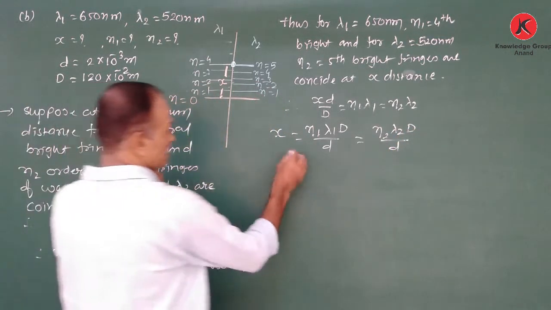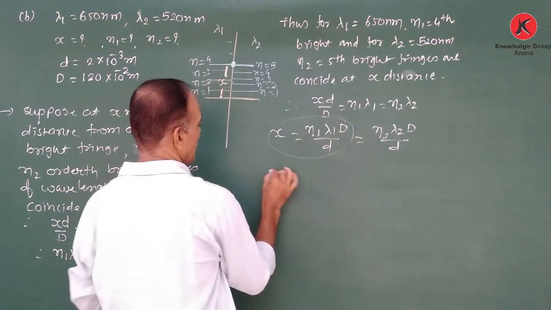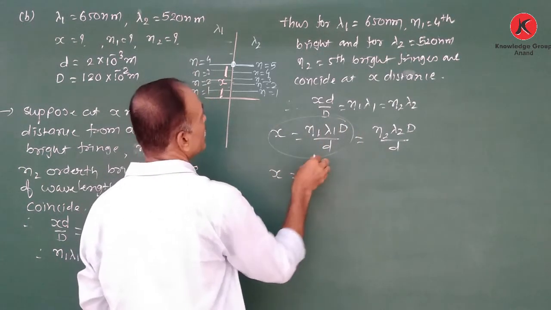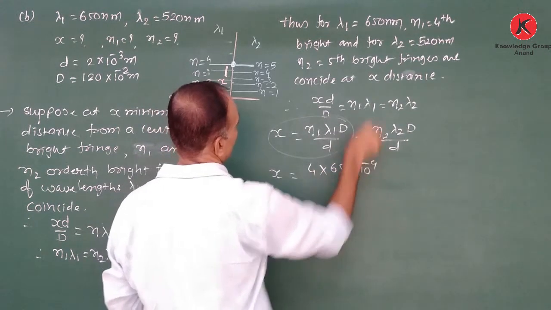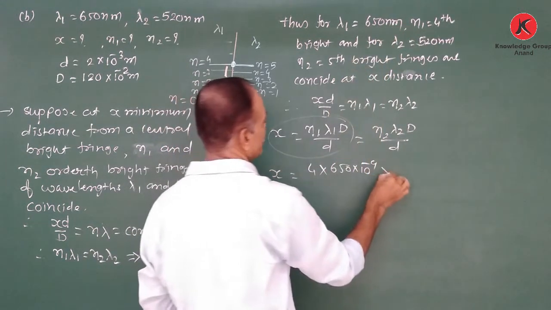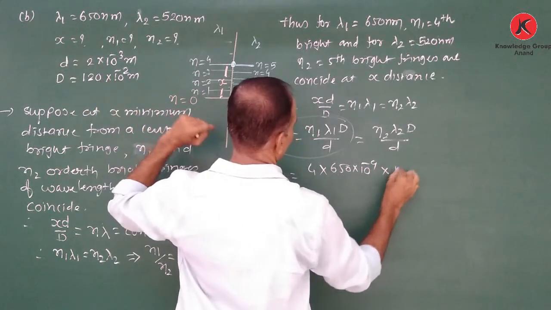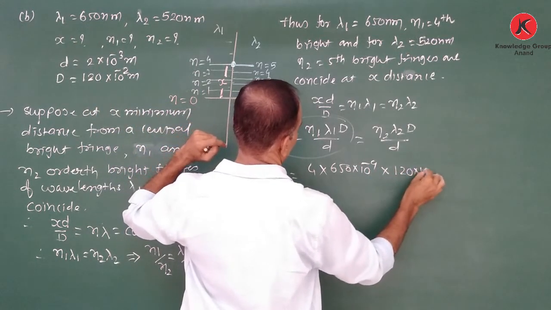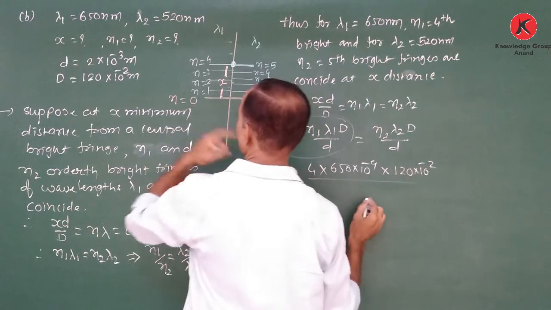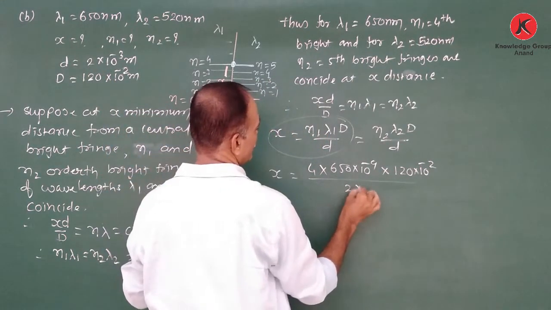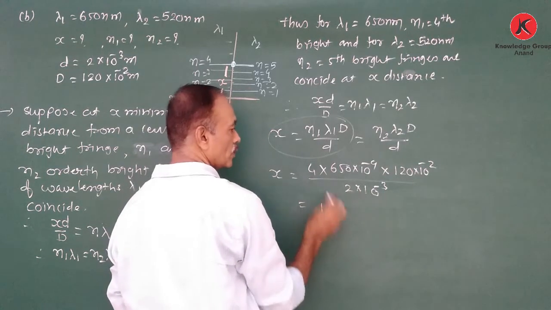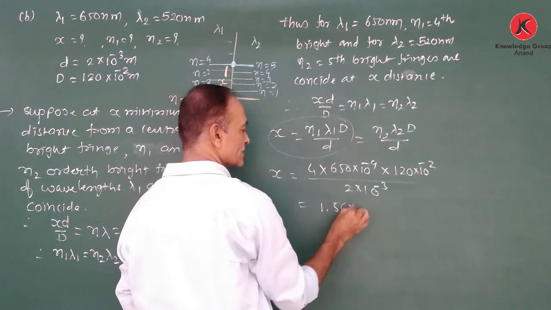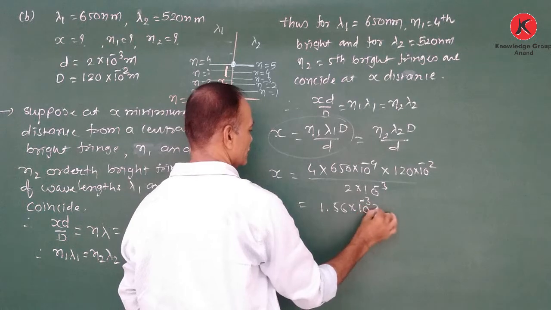Now we substitute the values in this equation: x is equal to n1 = 4, lambda 1 = 650 into 10 is to minus 9, capital D is given 120 into 10 is to minus 2, upon small d, 2 into 10 is to minus 3. So it's equal to 1.56 into 10 is to minus 3 meter.